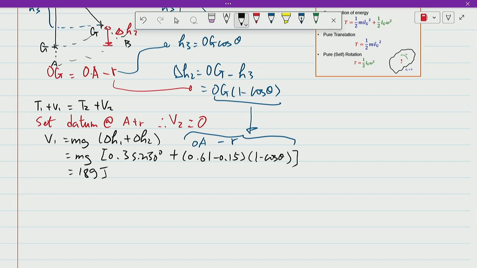Again, the important thing is that you have to track the gravitational center when it comes to rigid body problems. It does turn into a lot of trigonometry, especially if you're rolling. And God forbid, if they want rolling plus slipping, then you cannot just use energy conservation. You have to include work done.